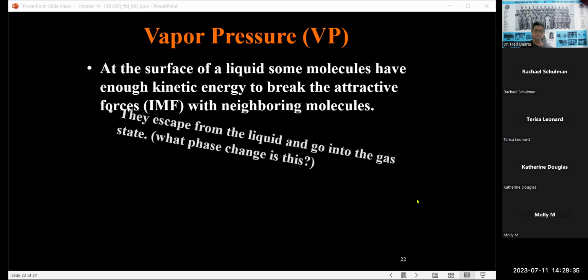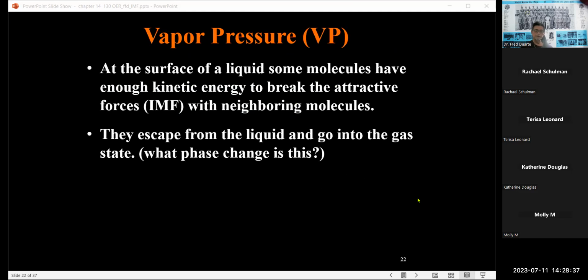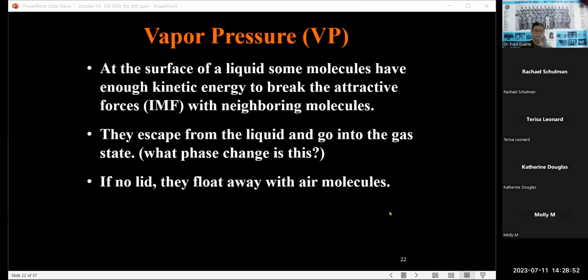All right, so vapor pressure, as I talked about, is related to the amount of kinetic energy needed to break the intermolecular forces in the liquid phase and go to the gas phase. And that happens spontaneously too.